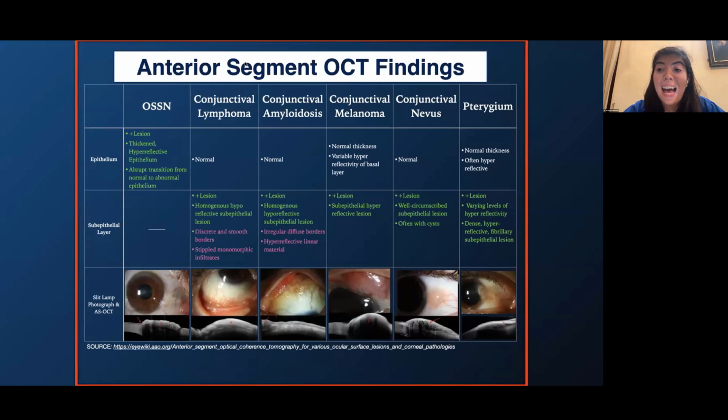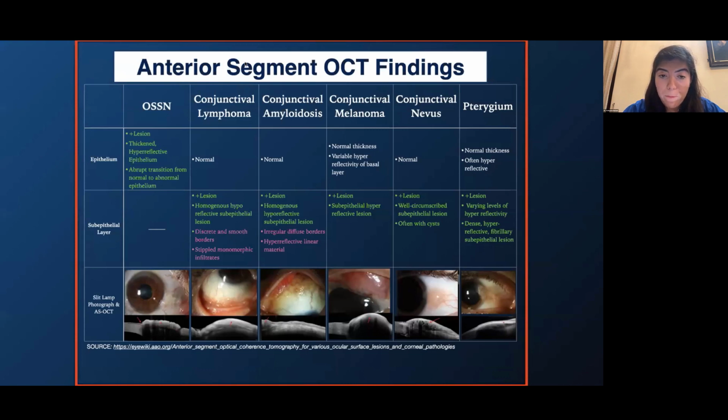OSSN has the classic thickened, hyperreflective epithelium with an abrupt transition between normal and abnormal tissue. Now, those are your buzzwords, so I'm going to repeat it. OSSN has classically thickened, hyperreflective epithelium with an abrupt transition between normal and abnormal tissue.